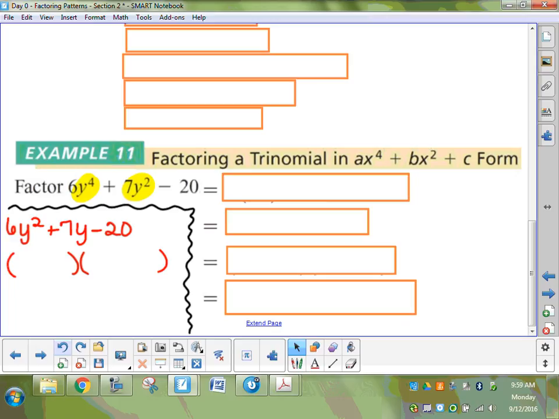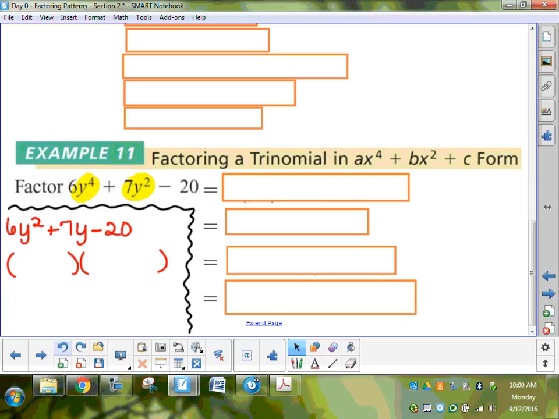So go through right now, though, figure out what needs to go in those positions. Do the FOIL. If it works, terrific. If not, we'll try another guess.